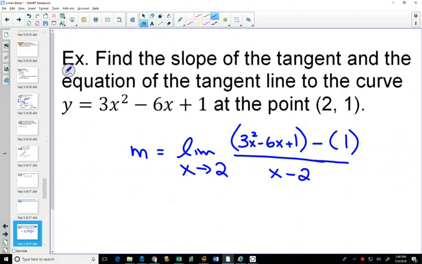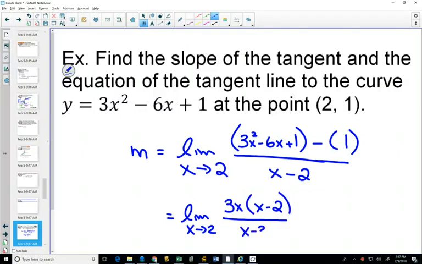So right now we can't evaluate this limit because if I were to plug in 2, it would cause me to divide by 0. But if we simplify this, so this is the limit as x goes to 2, on the top my equation is just 3x squared minus 6x. You might say you could factor out a 3x out of the top, leaving you with x minus 2. How convenient.